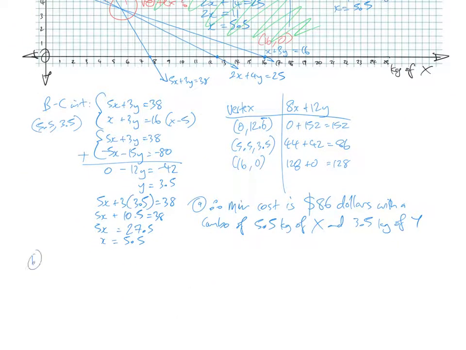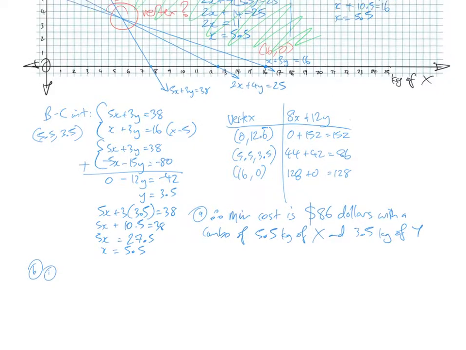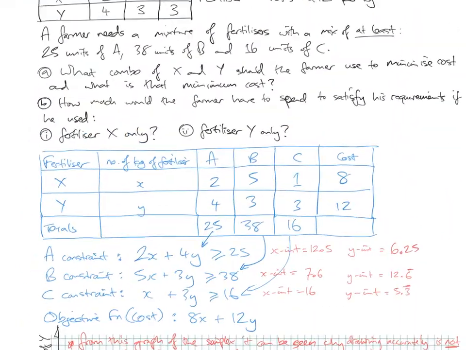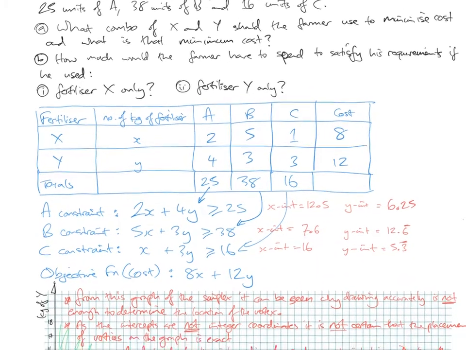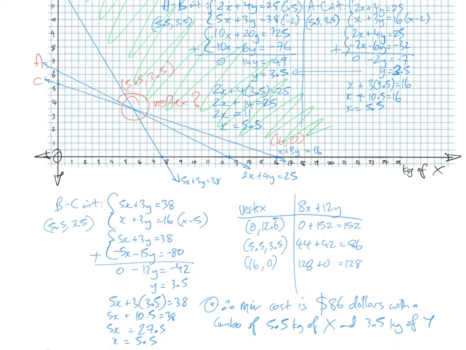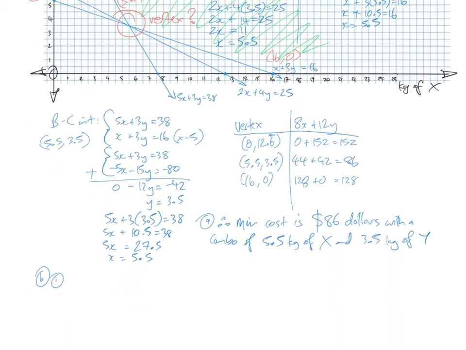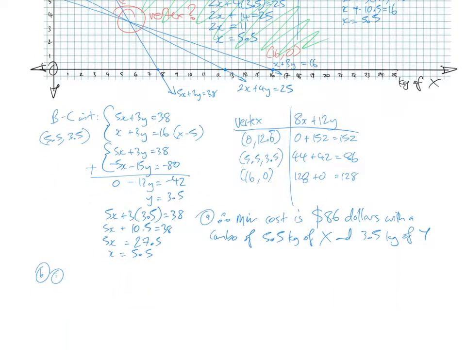B was two parts, B1 and B2. Let's check what they were, I don't remember them. How much would the farmer have to spend to satisfy requirements if he used fertilizer X only? Those are on our vertices. This vertex represents using X only, and it's one of the possible optimal solutions that meets the criteria.